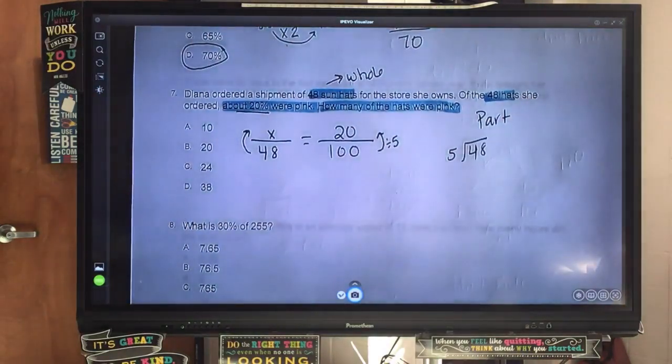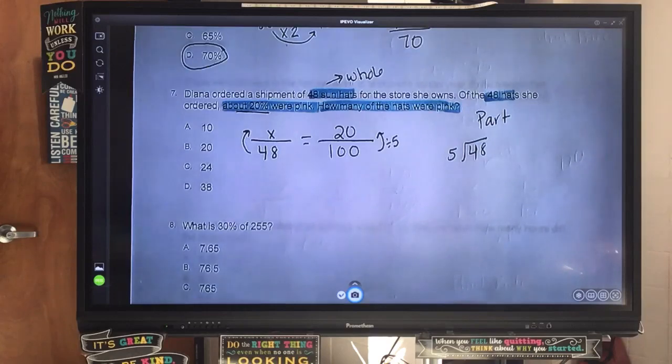So, question for you guys. You should be looking at this and saying, I'm going to get a number that is what? Aiden. A decimal. But looking at my answer choices, they're all whole numbers.